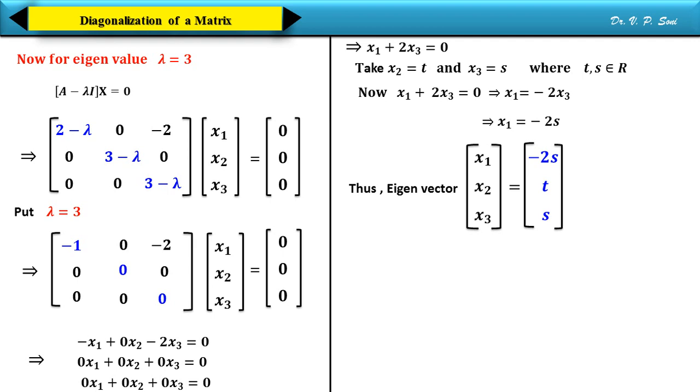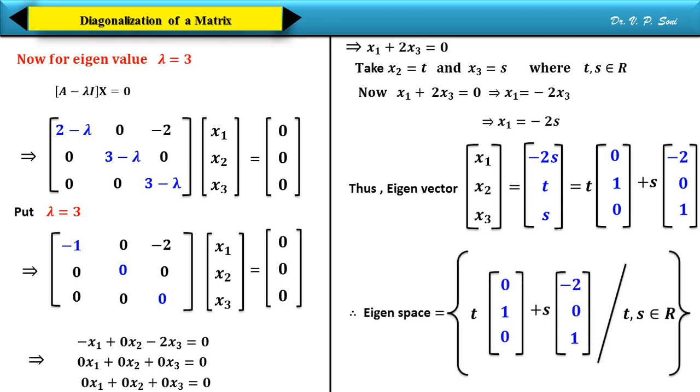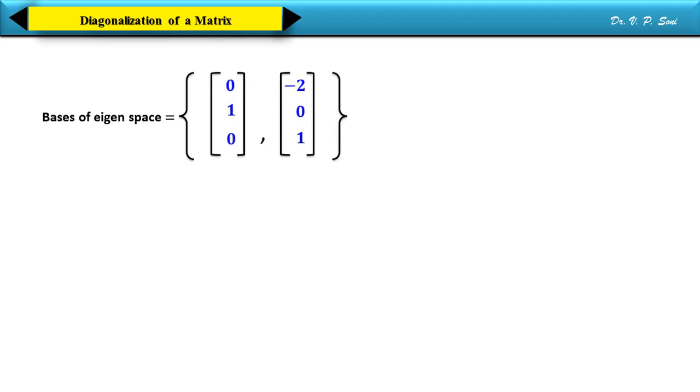Now it can be written as t(0, 1, 0) + s(−2, 0, 1). Therefore the eigenspace is the set of t(0, 1, 0) + s(−2, 0, 1) such that t and s belong to R. The basis of the eigenspace contains two vectors, (0, 1, 0) and (−2, 0, 1).